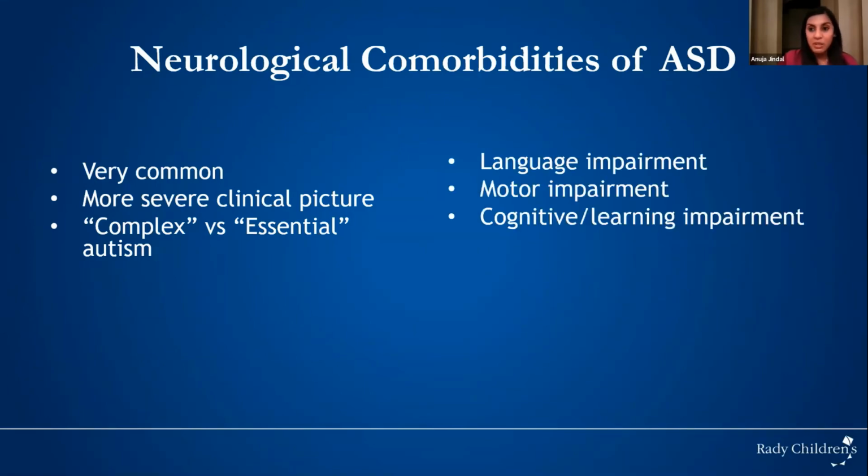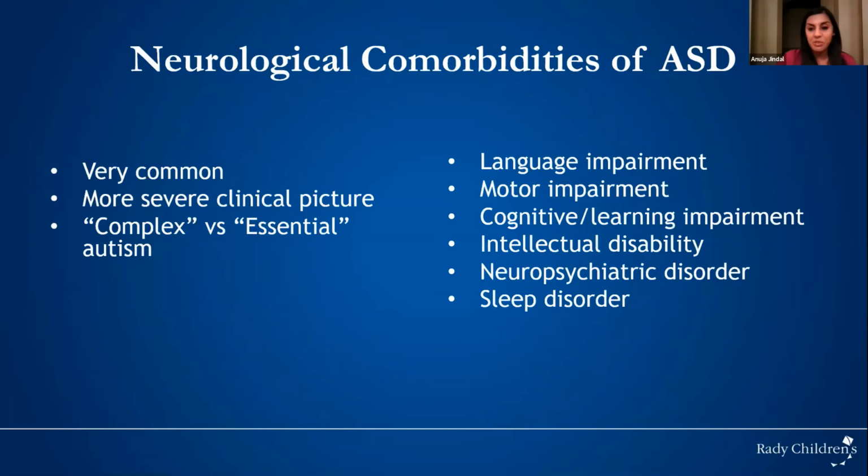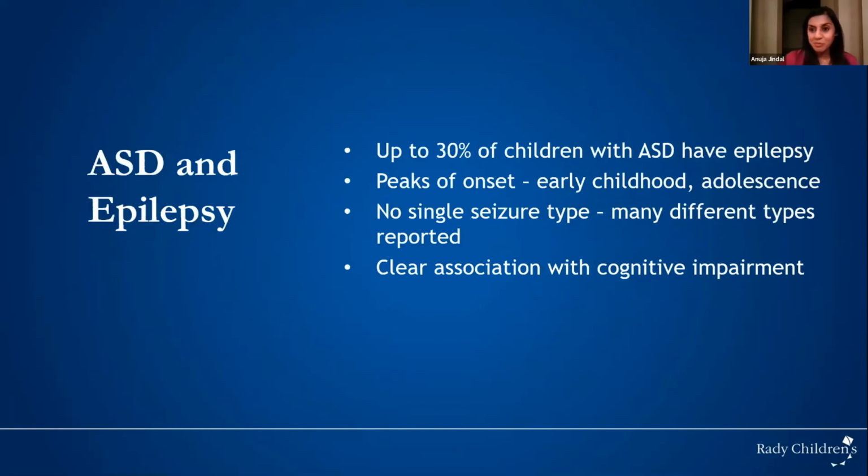And this can include language disorders, motor disorders, intellectual disability, neuropsychiatric disorders, and epilepsy. So very quickly, there's a really high concordance rate between autism and epilepsy. Up to 30% of children with autism will have a seizure at some point, and the peaks of onset can differ, and the types of seizure can differ.